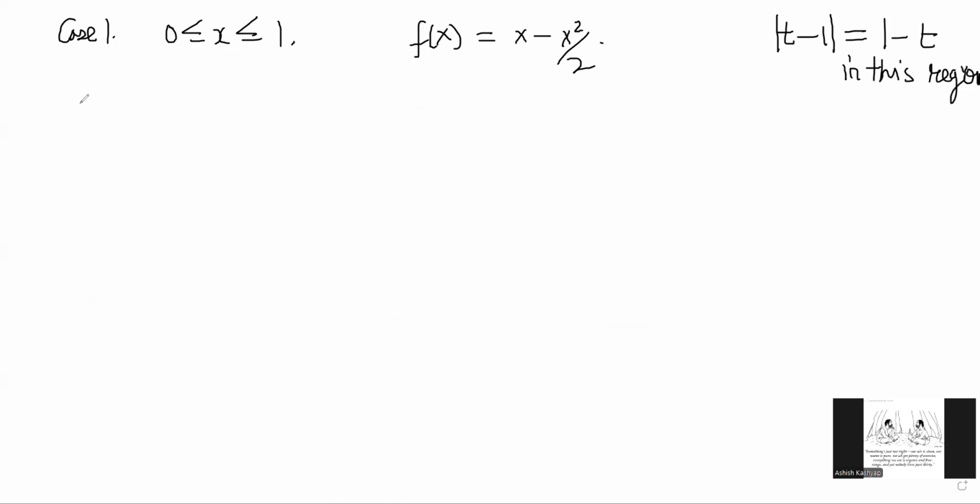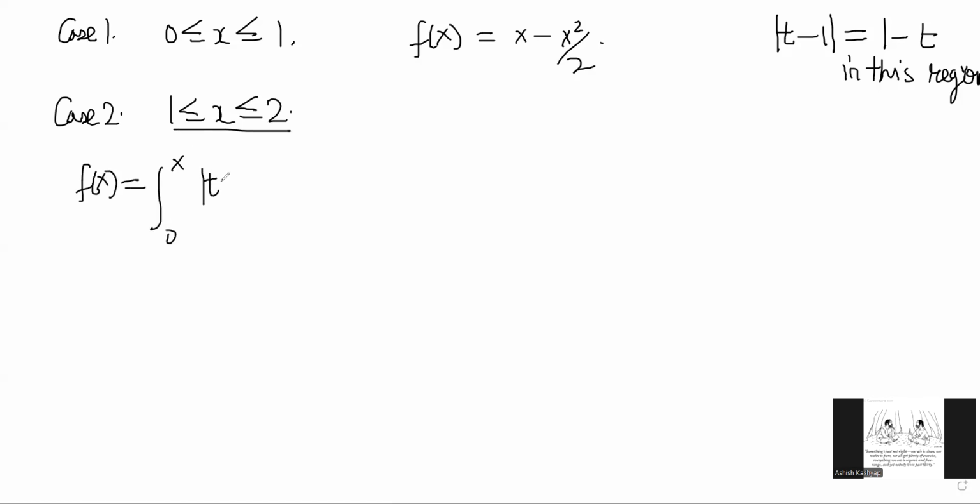Now we go to case 2. And in case 2, x is between 1 to 2, that is, 1 is less than x is less than or equal to 2. And f of x was given as the integral from 0 to x of mod of t minus 1 dt. So the value of t can go from 0 to x, but x itself is bigger than 1. So we should be able to split the integral from 0 to 1 and then 1 to x.